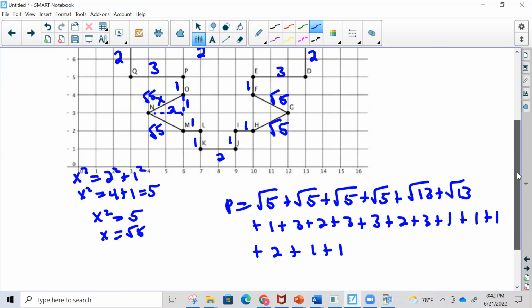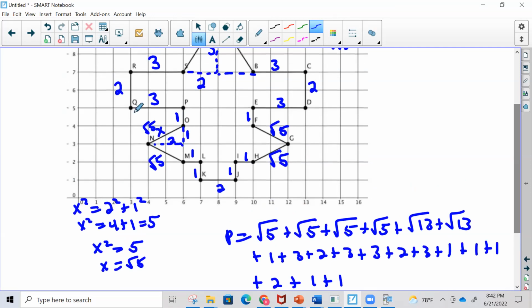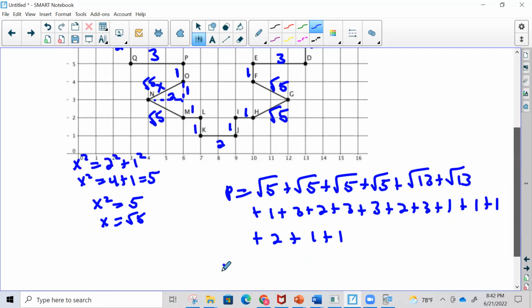Okay, so let me just double check because it's easy to miss one of these. So we should have them all. Okay, so then again, when I combine them, I have square root of 5, square root of 5, square root of 5, square root of 5. So I have 4 square root of 5s. Again, you can think about it, there's a 1 in front of all of them, and we're going to add those 4 ones together.